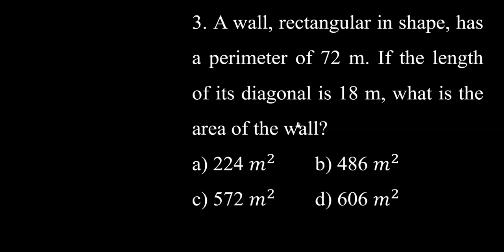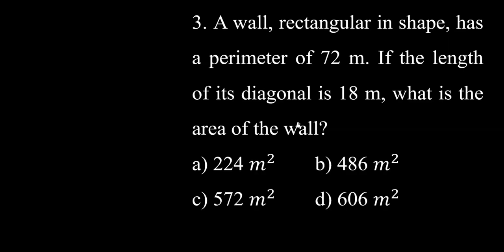What is the answer? Area of rectangle is length into breadth. They gave the perimeter. Perimeter of a rectangle is 2 into L plus B. The diagonal is 18. What is the diagonal for a rectangle?